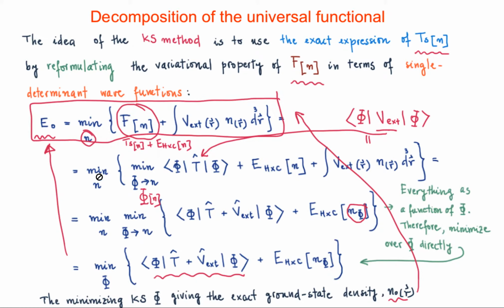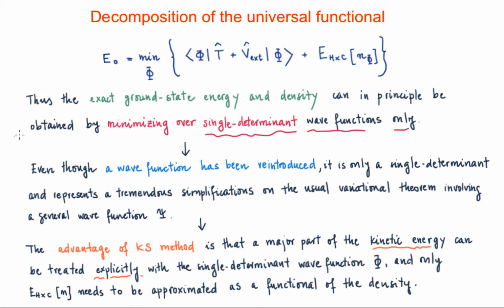Then, according to this new expression, we have reintroduced a wave function in order to do the minimization instead of using the electronic density. Even though a wave function has been reintroduced here, this is the wave function of this fictitious, non-interacting system.